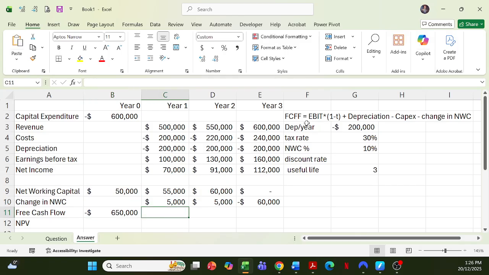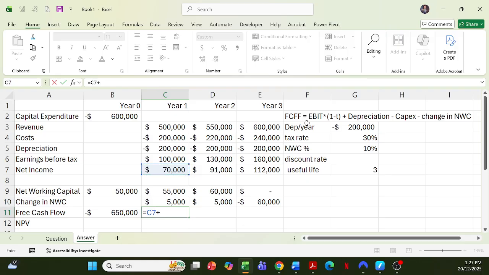Okay. In the years going forward, we're gonna do net income, EBIT times 1 minus tax when interest is zero, as is the case in this question. It simply becomes EBT, which is earnings before tax, multiplied with 1 minus tax, which is net income. Since interest is zero, EBIT is EBT, and EBT times 1 minus tax is net income.